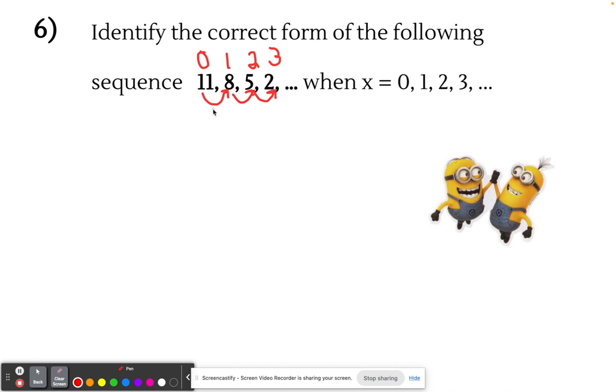Looks like this is a -3 pattern. -3, -3, -3. So it's linear since it's subtracting. So f of x equals negative 3x. And my starting point when x is 0 is positive 11.